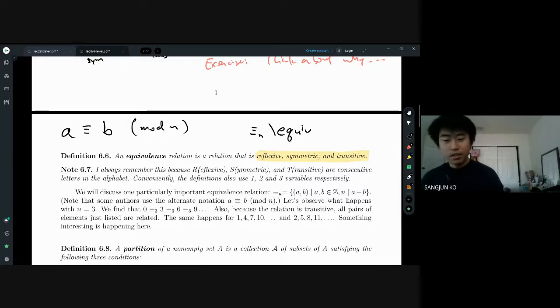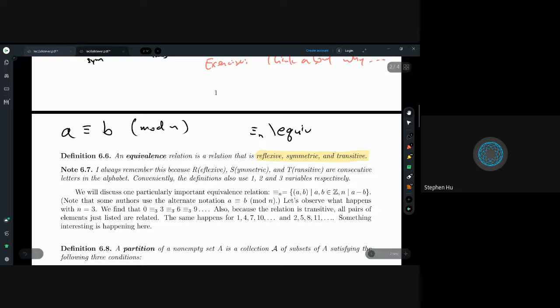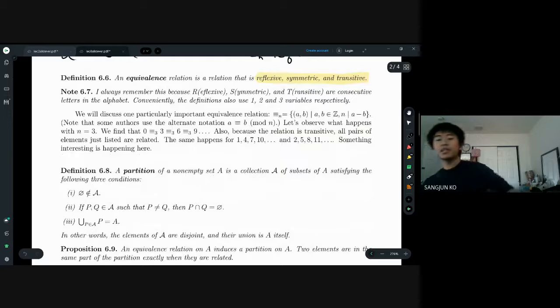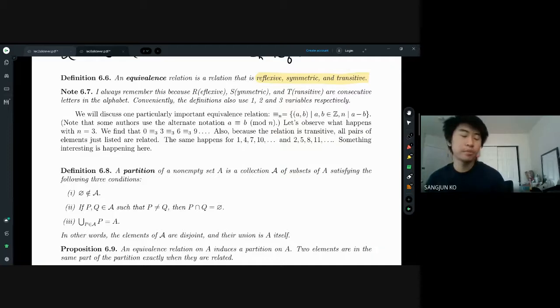Okay, I'm sorry. All right, so the next thing we're going to talk about is a partition. You probably talked about partitions already, since you all took calculus and you talked about partitions probably in terms of Riemann integration.